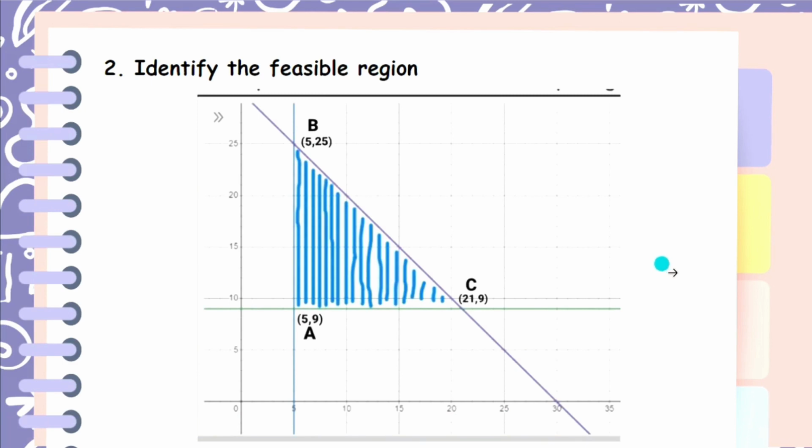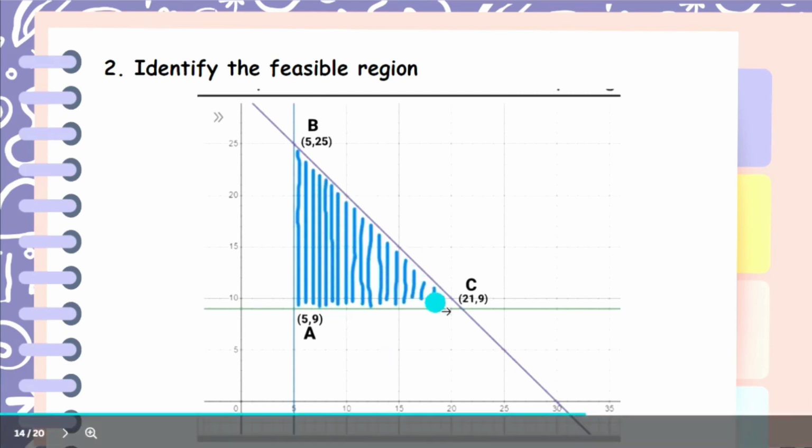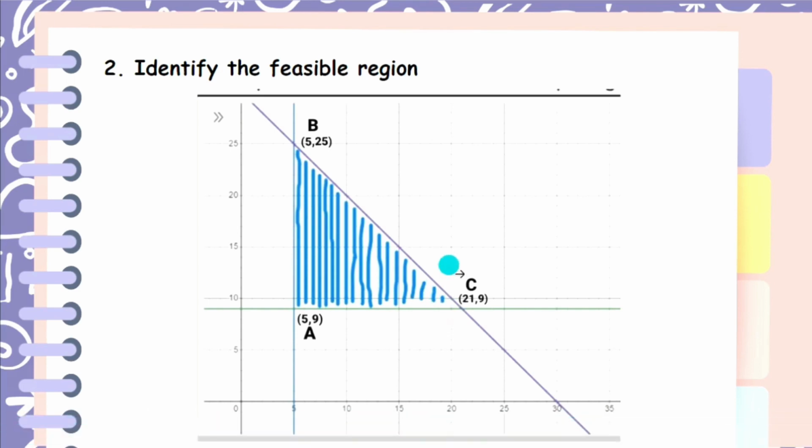Here we can see the graph where the shaded part is inside the first quadrant, and there we will be able to see these vertices A, B, and C that we will be using as our optimum points in finding our optimal solution.